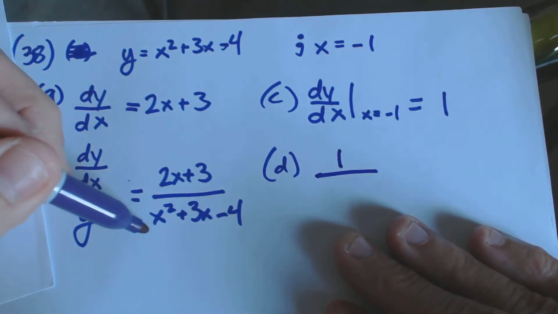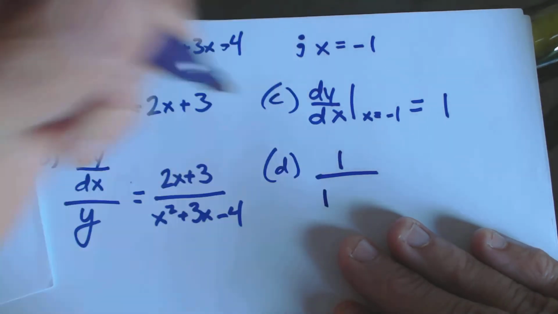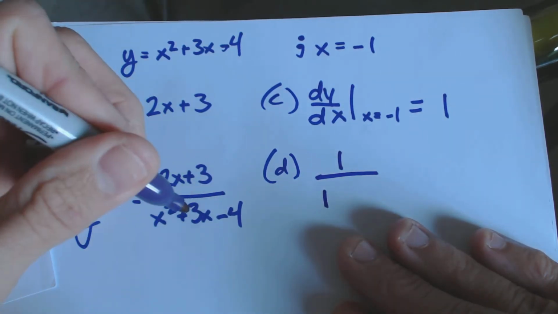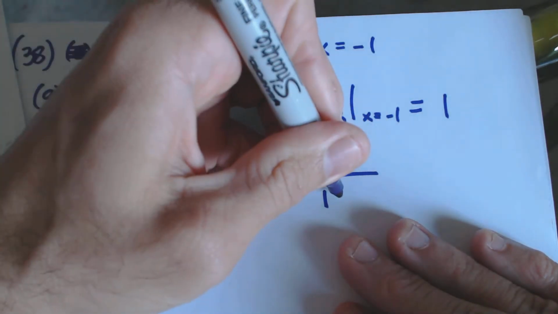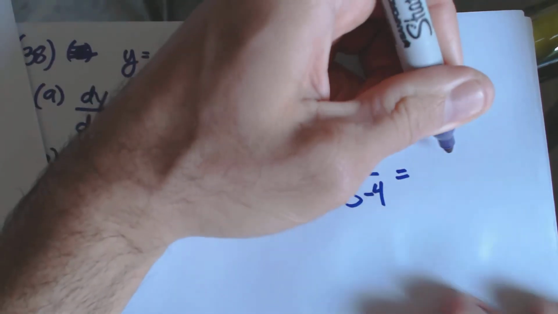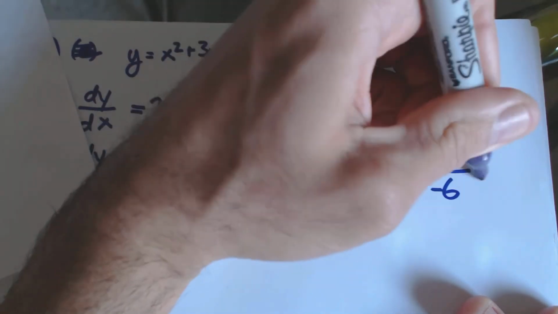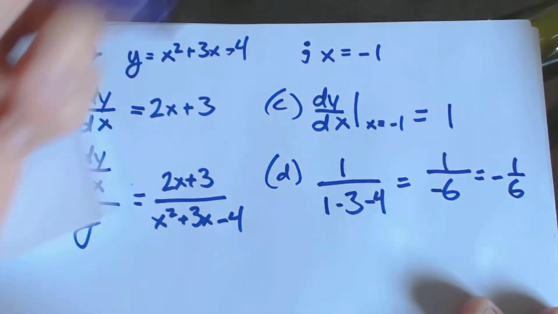And in the denominator, we have x squared, which is negative 1 squared, which is 1, minus 3, plus 3 times negative 1, which is minus 3, minus 4. So we have 1 over negative 6, or negative 1/6.